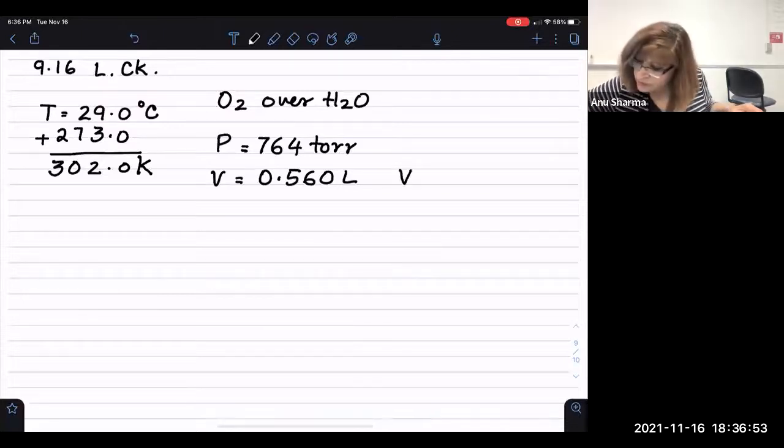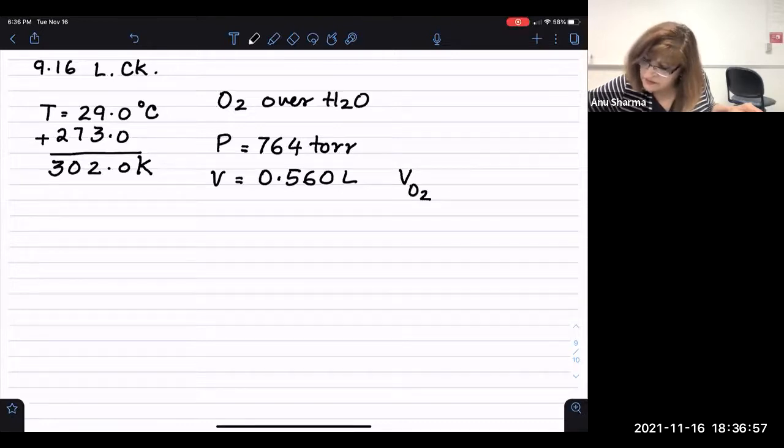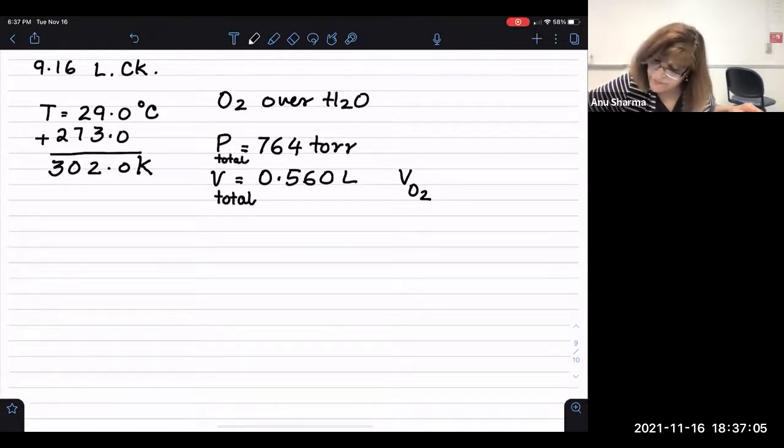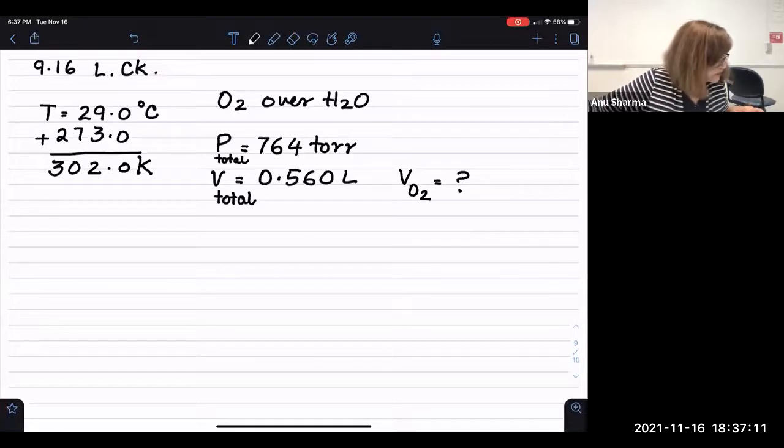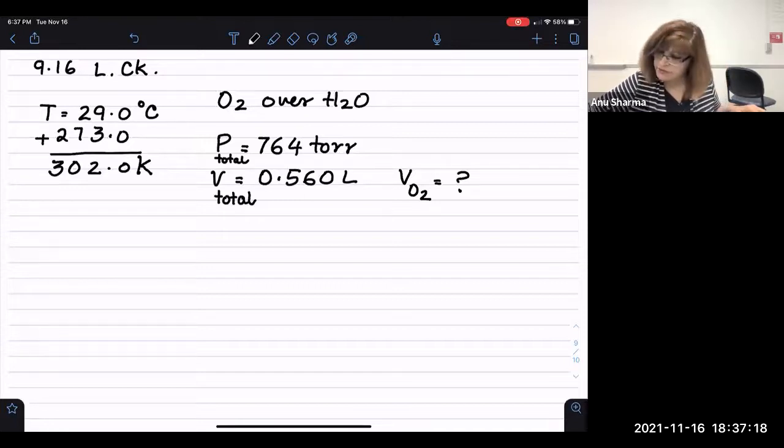So volume of oxygen, and this is the total volume. This also looks like total. So what volume? Here, the pressure will remain the same. Under the same conditions of temperature and pressure.